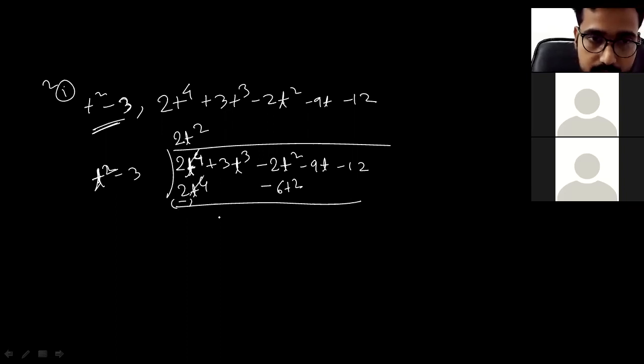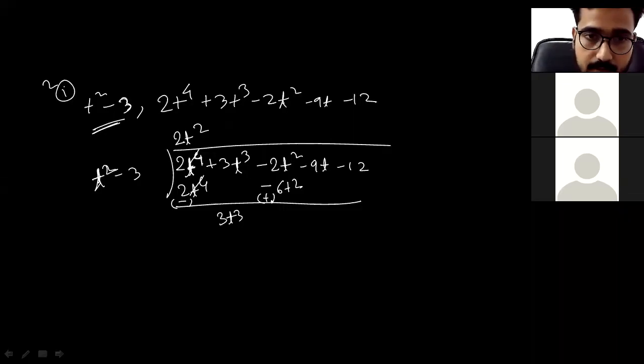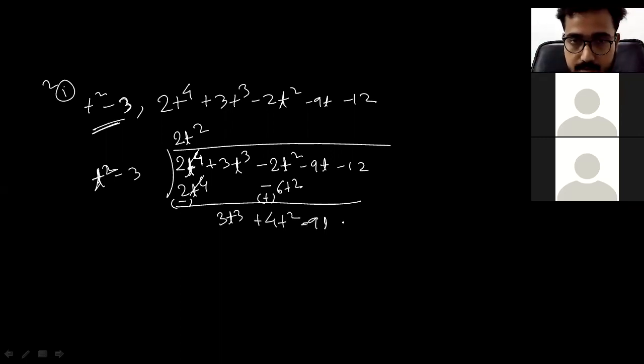You have to write down as it is the 3t cube, then minus 2 plus 6t square, so it will be plus 6t square minus 2t square, so it will be 4t square. Then minus 9t minus 12.